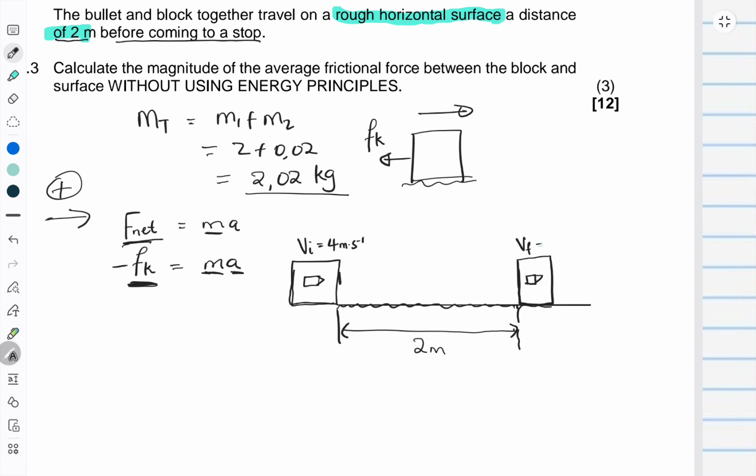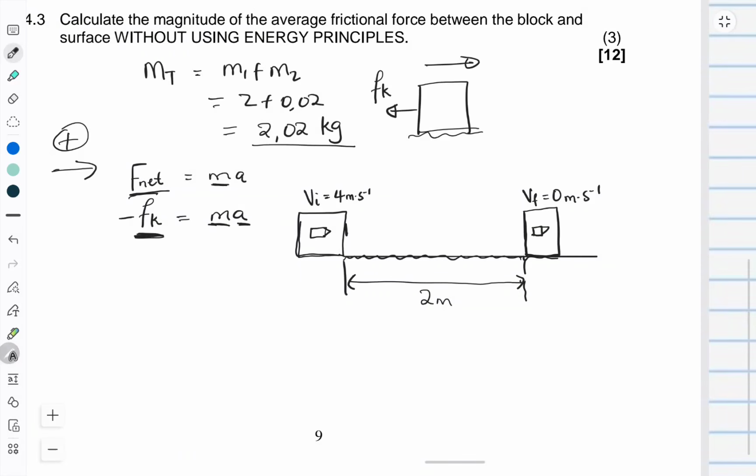So my VF, when it stops, will be 0 meters per second. What can I use this information for? Now, if you remember, there's a formula that says VF squared is VI squared plus 2A delta X. So all along, I've been trying to find my acceleration.